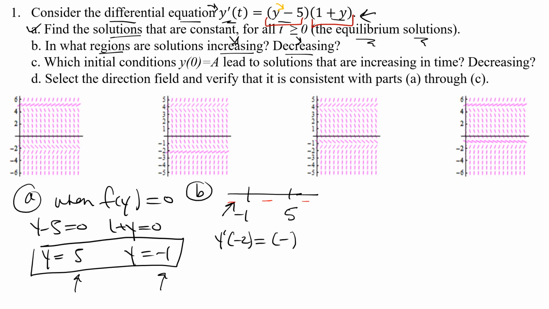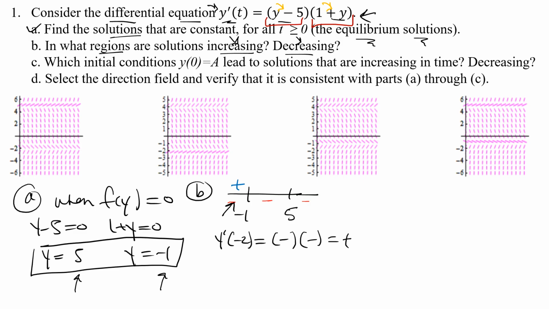Then if we plug in -2 here, 1 minus -2 is going to be another negative number. If we multiply those together, then we get a positive number. So the region must be increasing anywhere less than -1.